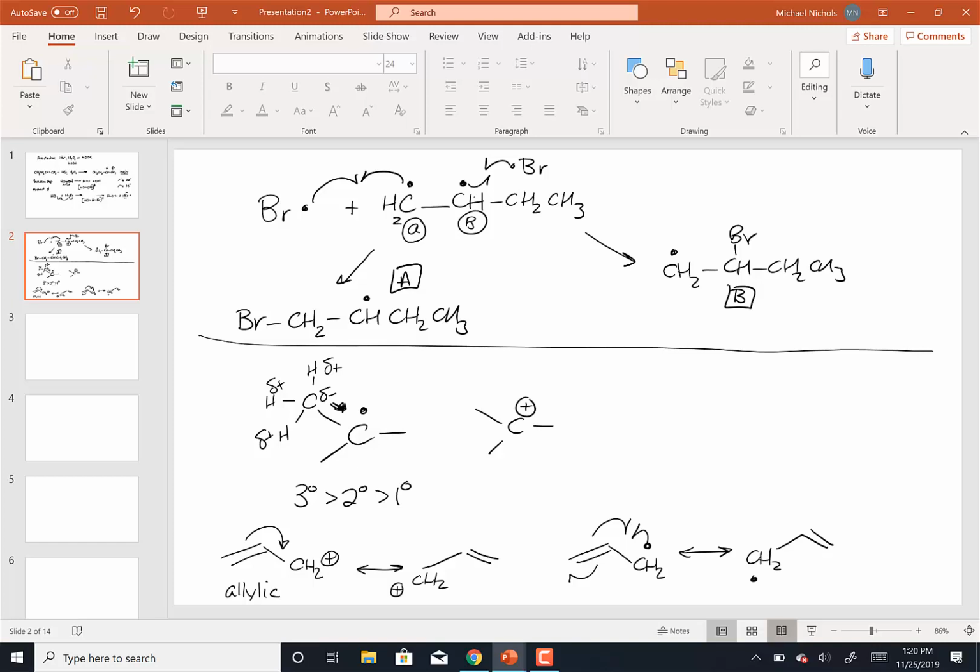So if you connect it to B, if you have the bromine to B, then the radical will be on the end and it will be a primary radical. Are we ready to vote? To re-vote? Okay, let's go ahead and re-vote.